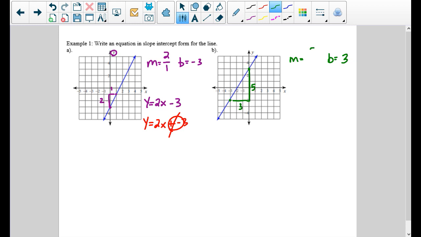So 5 over 3. Again, this line is positive. If you're doing the slope with the lines, the negatives and the positives with the up and down, I'd have a -5 and a -3, and the 2 negatives would then make it a positive as well. So 5 over 3 is my slope, b is +3, and then I can write my equation, y equals 5/3 x plus 3.